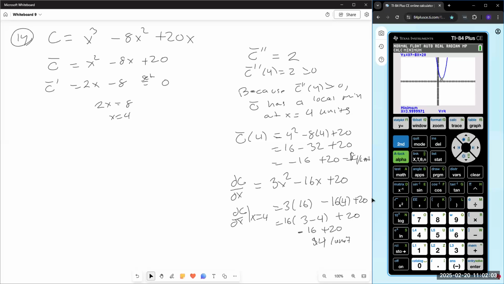So 4 units of production, average cost per unit of 4. So that was number 14.